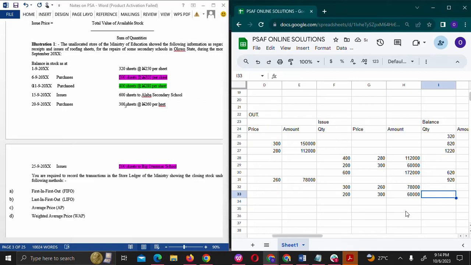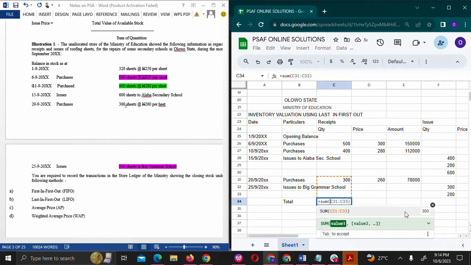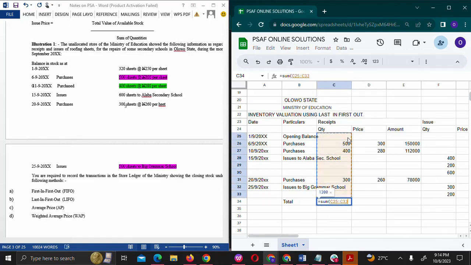So it means for total, my total receipt is this, right? I get you, sir. Thank you for getting me.